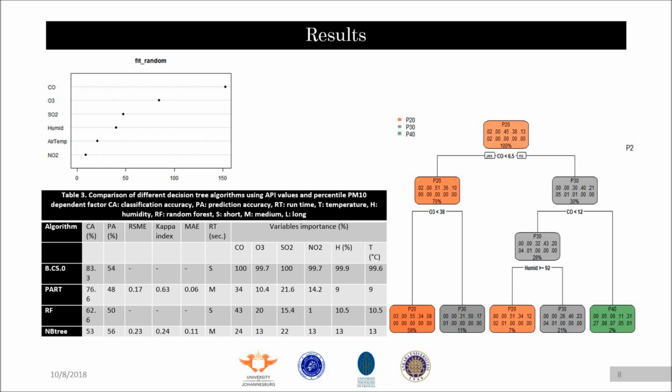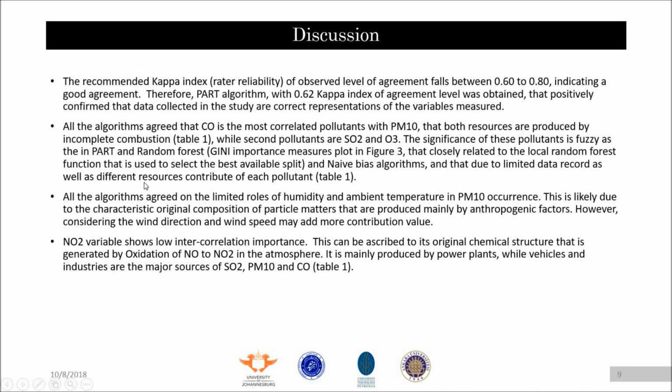So all the algorithms agreed that CO is the most correlated pollutant with the PM10, as both are produced by incomplete combustion, which is mentioned in table 1, while the second pollutants are CO and O3. All the algorithms agreed on the limited role of humidity and temperature with the PM10.